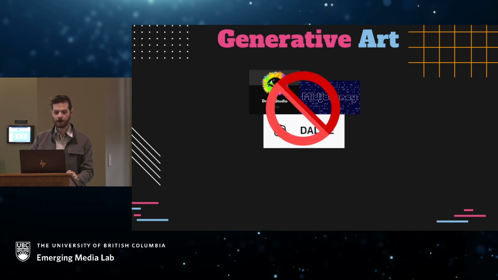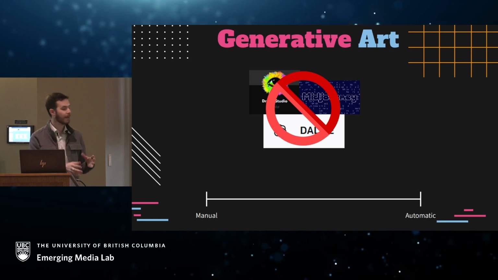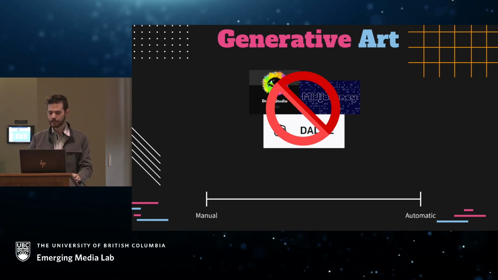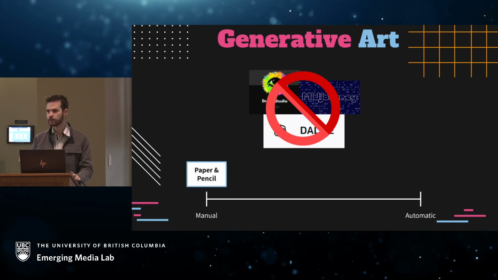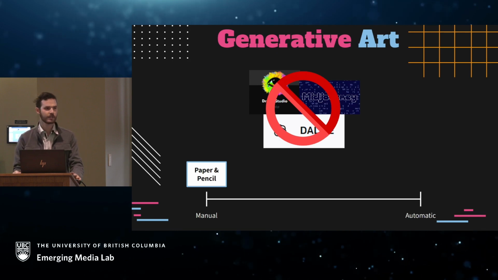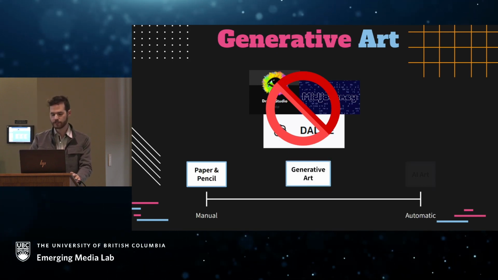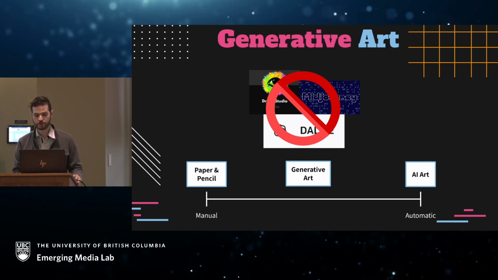But if we think of art as existing on a spectrum from manual towards automatic, something like paper and pencil would be totally on the manual side. The human is in control of every single step of the process. Generative art is going to be in the middle, and AI art is going to be on that other extreme.